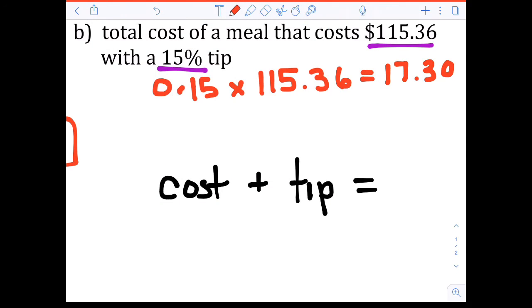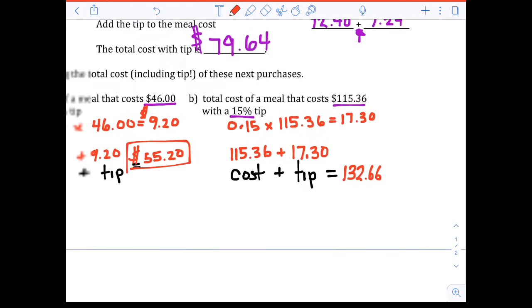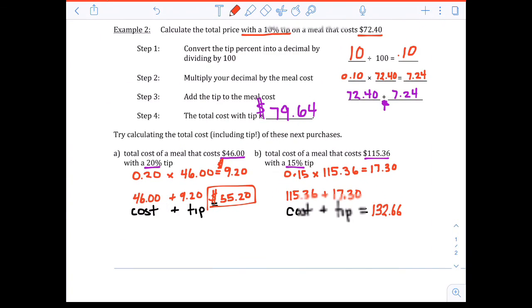So the cost of going out to dinner was $115.36, and we're going to add $17.30 as our tip. And when I put those into my calculator, I find out how much we would pay. It would cost us $132.66. And there we go. So that's how you calculate tip.